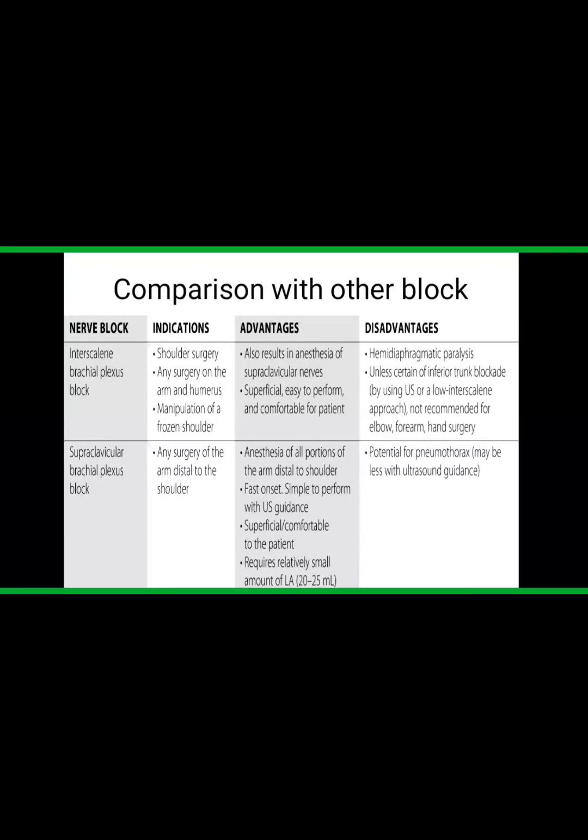We can avoid pneumothorax, we can avoid nerve injury, and we can avoid direct entry of the needle into the vessel and giving any inadvertent intravascular injections. And it requires a relatively small amount, just 20 to 25 ml of local anesthetic. In disadvantages, there is a potential for pneumothorax, but with ultrasound guidance, it can be reduced.